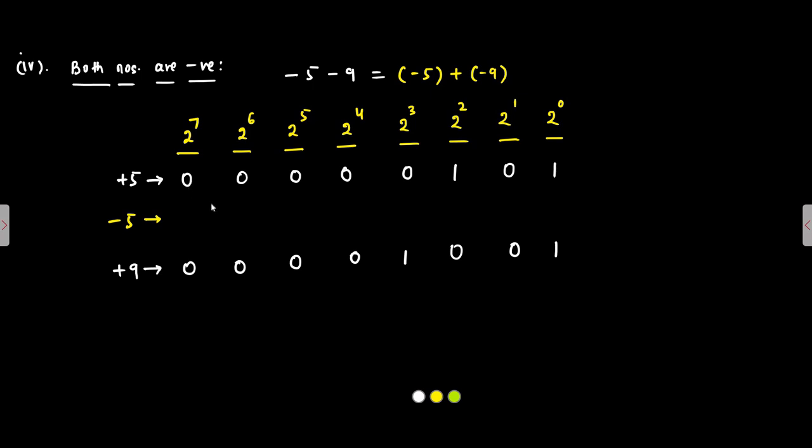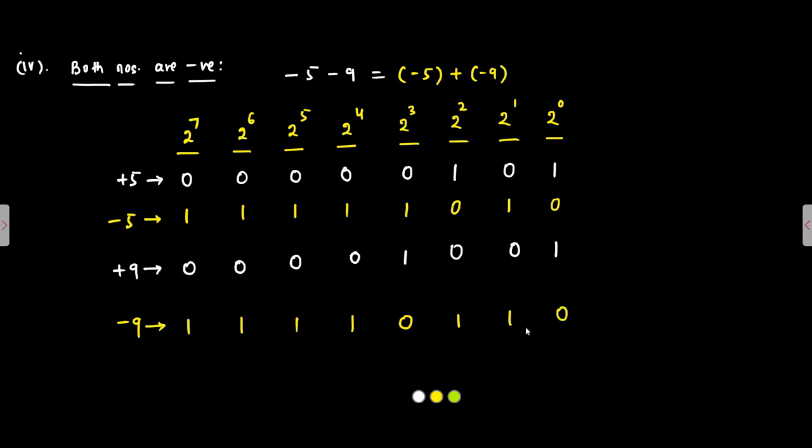So in place of zeros, 1's, in place of 1, zeros. 1, 1, 1, 1, 1, 0, 1, 0. And minus 9, it will be 1, 1, 1, 1, 0, 1, 1, 0.